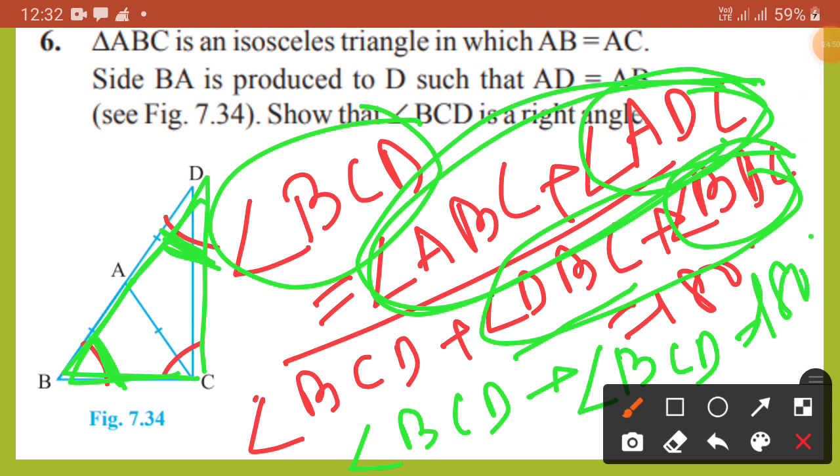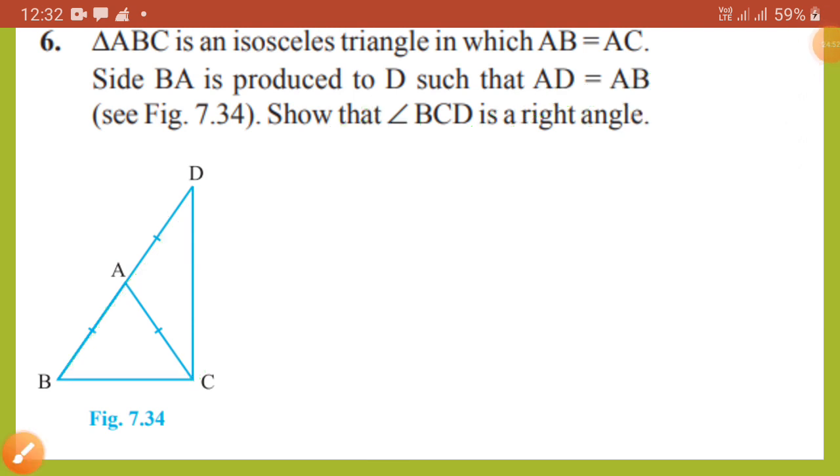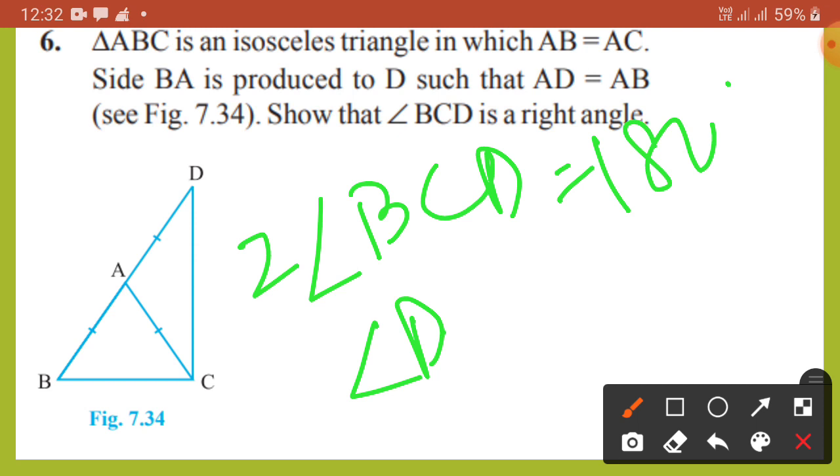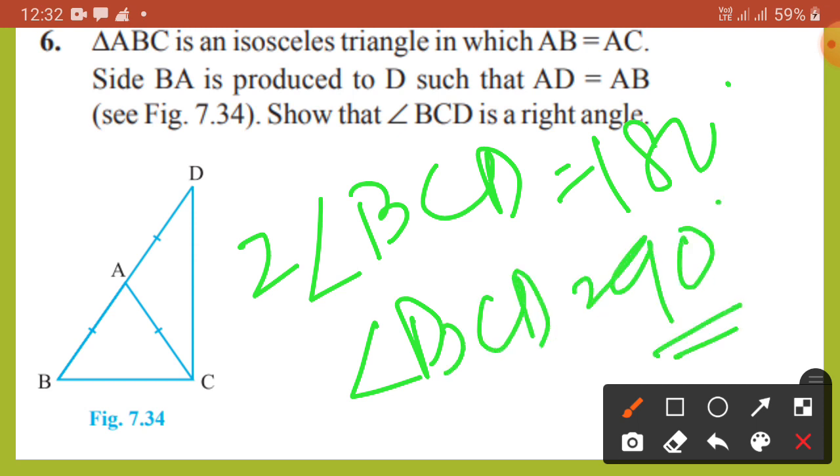So two angle BCD equal to 180 degree, so BCD equal to 180 degree by 2, that means 90 degree. That means angle BCD equal to 90 degree here.